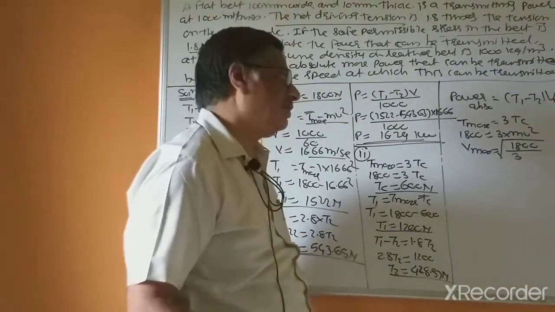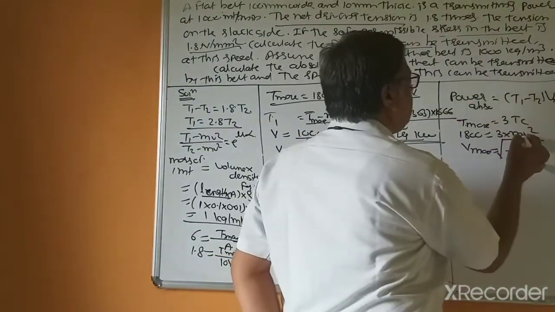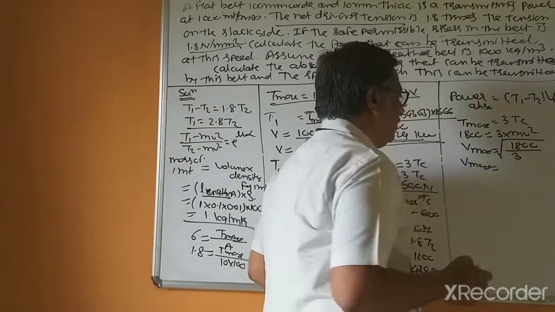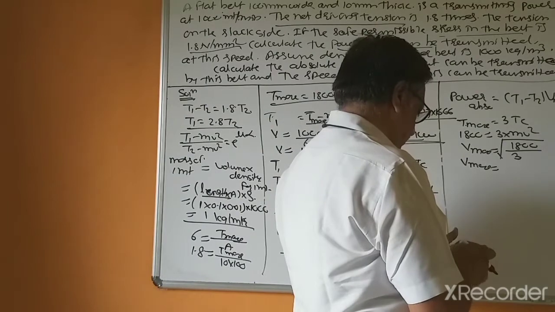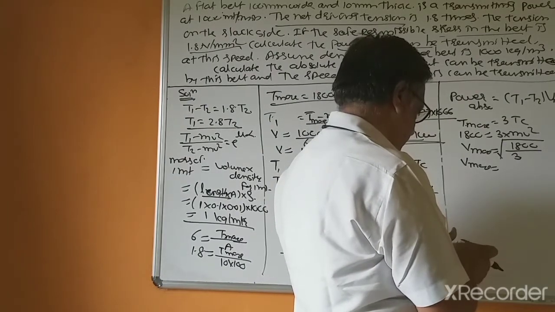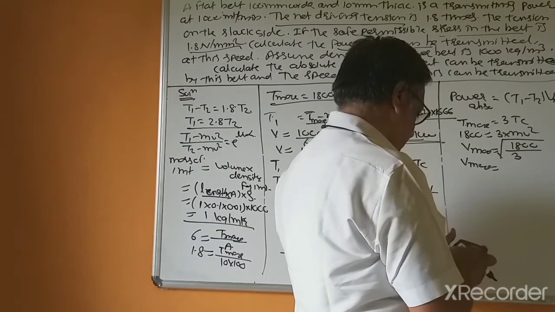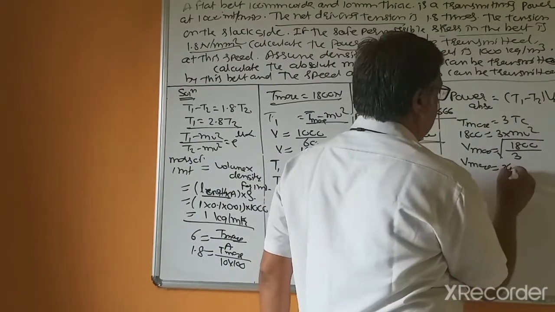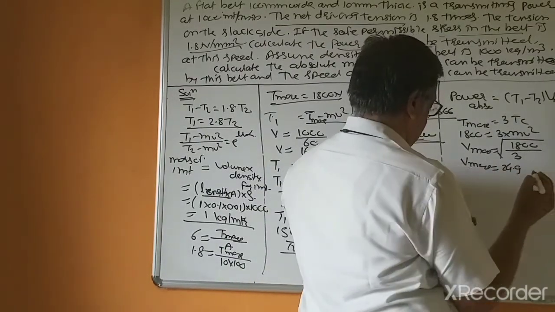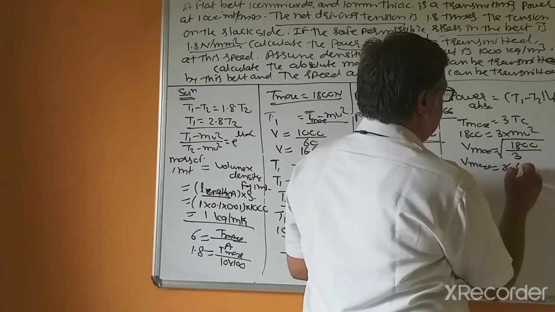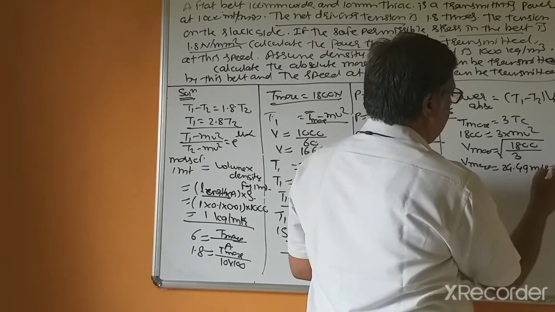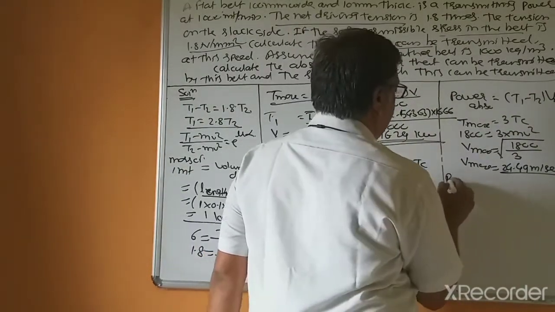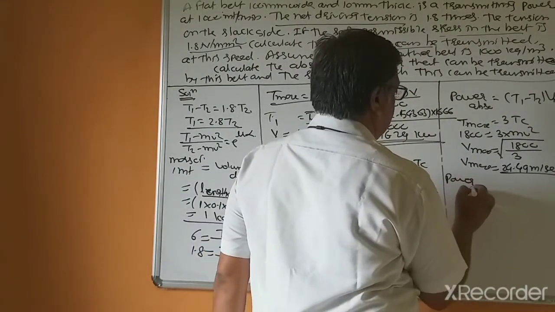Because m equal to 1, V max equal to under root 600, equal to 24.49 meter per second.